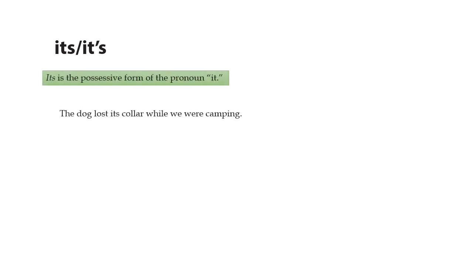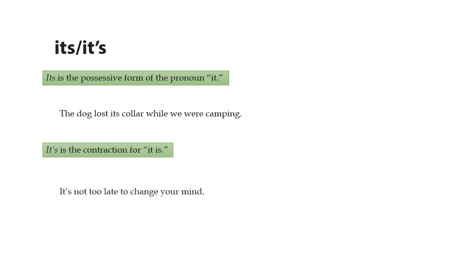Okay, its and it's. Its is the possessive form of the pronoun it. So, the dog lost its collar while we were camping. And then it's is the contraction for it is. It's not too late to change your mind.